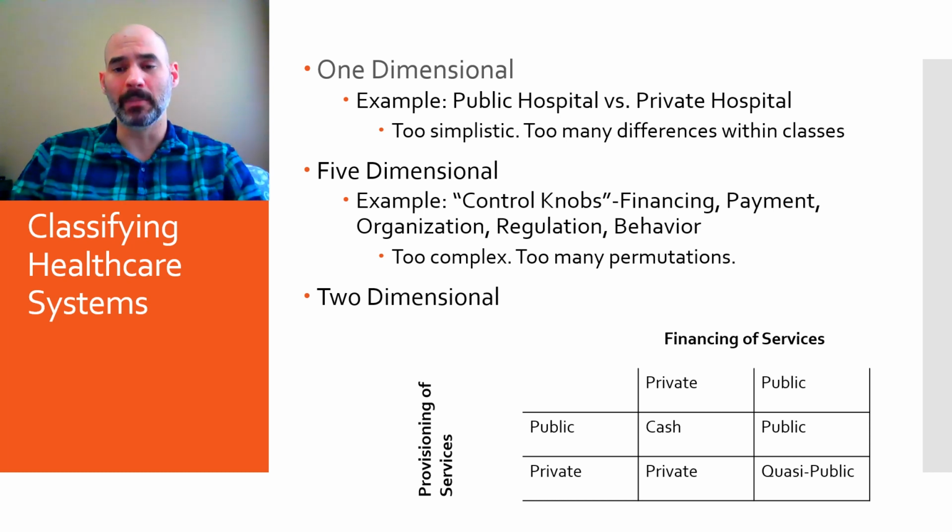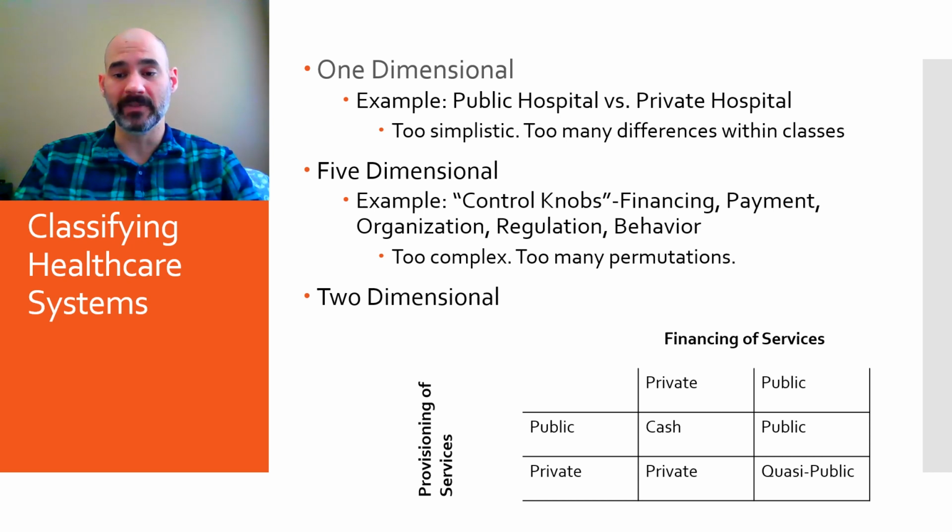And they use prior work by one of the authors looking at 5 control knobs of changing how healthcare in a country is financed, how it's paid for, how it's organized, regulated, behavior. And the problem with this is that it's too complex. There's way too many permutations within these 5 different variables.